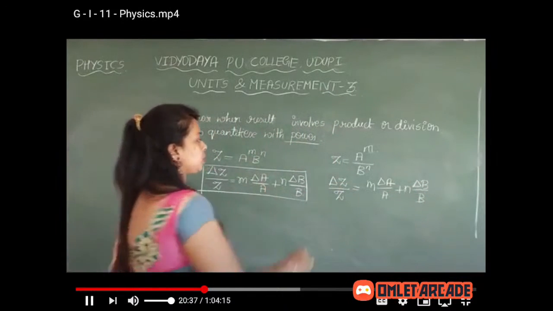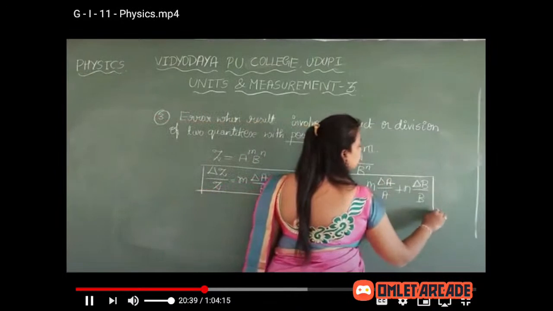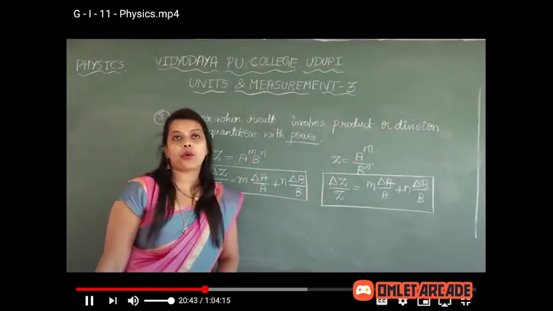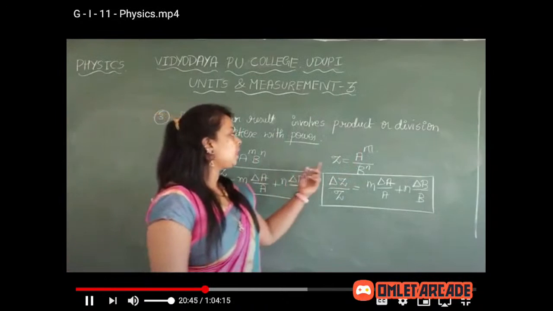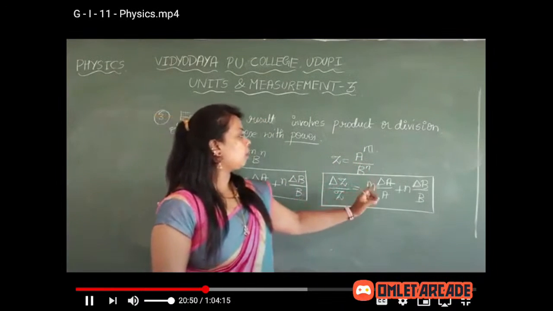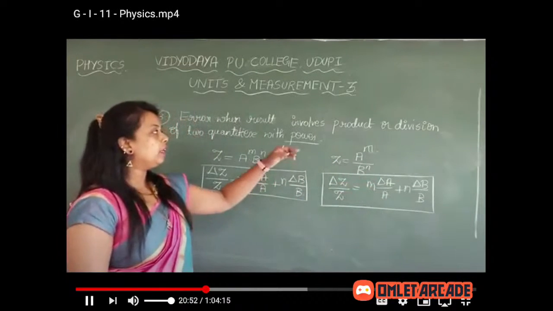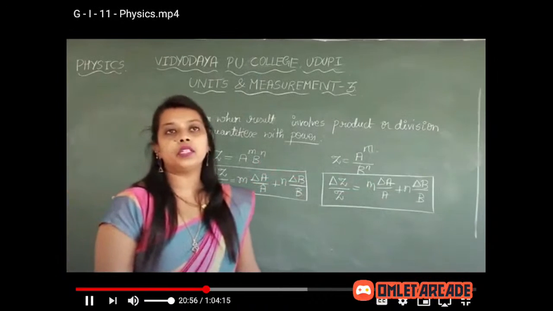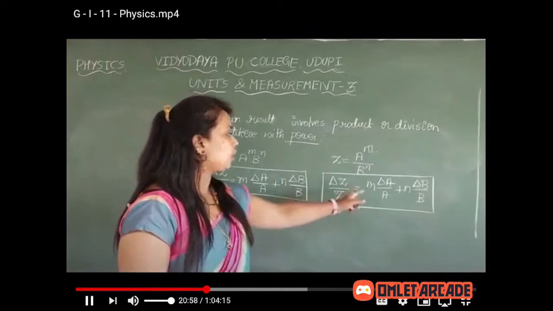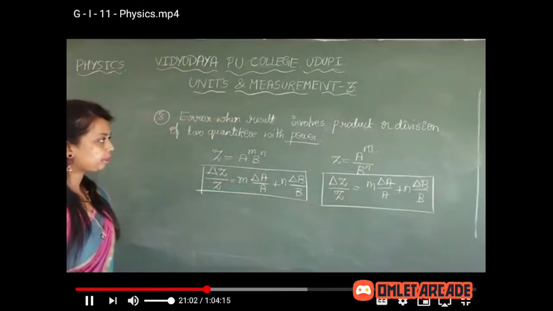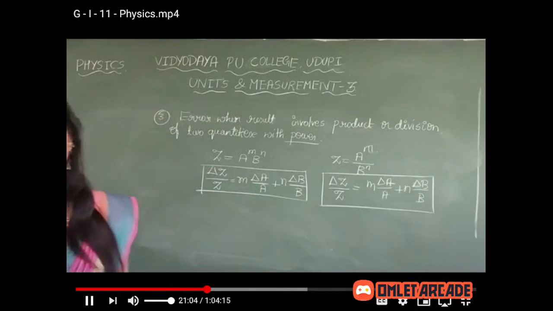Are both the same? Yes, both are the same, because when division or product of physical quantities with errors takes place, the resultant error should add up, right? Same thing for a power: if you have divided the physical quantity, which has a power, then also you should multiply with the power. So note it down, this one. Okay.